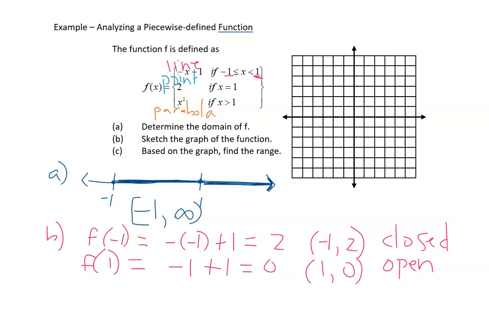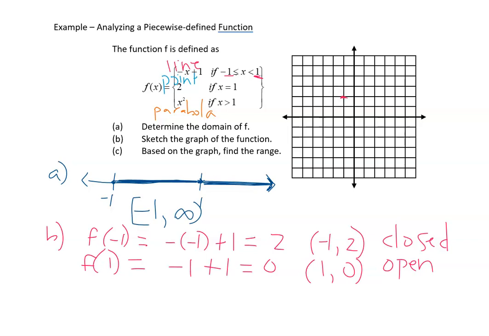I also know that this piece of definition is only defined from -1 to 1, so that tells me that I'm not going to extend my graph past either of these points because the graph doesn't exist outside of these x values.